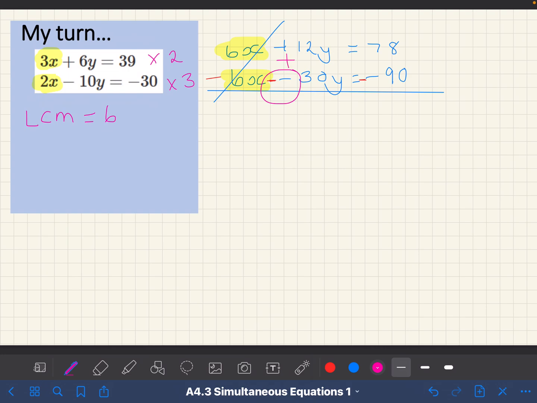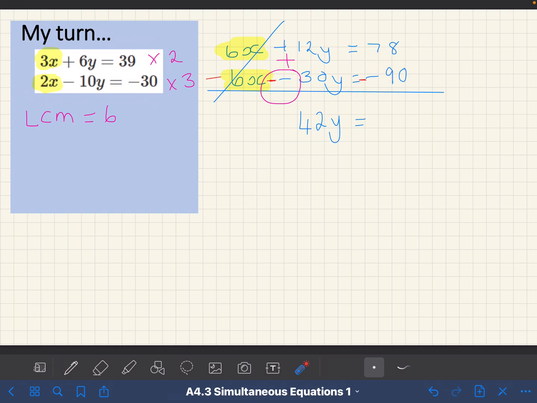Remember, two negatives together give us a positive value. We would then look to have 12y plus 30y is 42y. We've got another instance above where we've got this negative, this minus, minus.